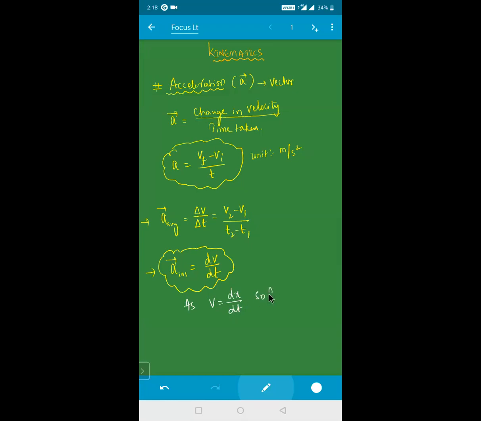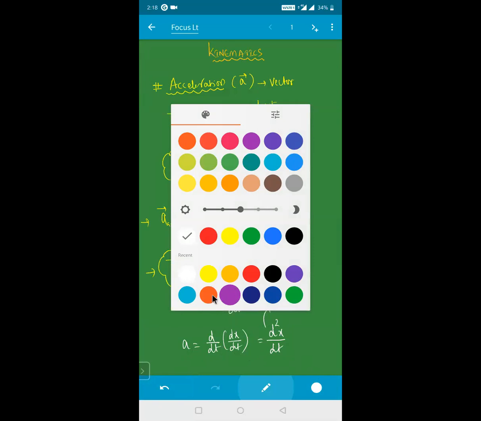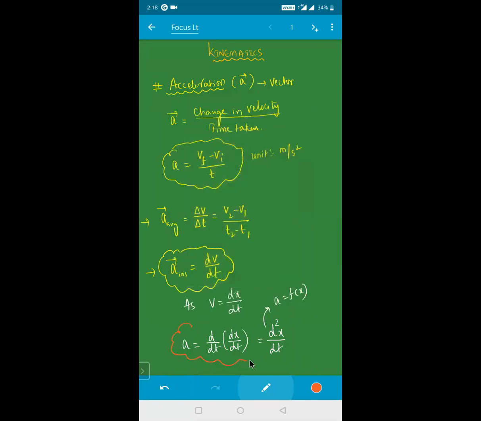So I can write a is equal to d by dt of, in the place of v, dx by dt. So this will come out as how much, beta? d square x by dt square. So this is your acceleration as a function of x. If I'm writing the acceleration as a function of x, a will be equal to d square x by dt square.